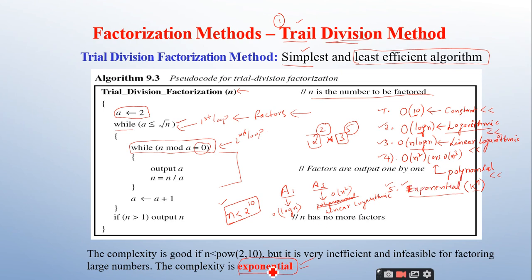Now tell me, this particular algorithm is very good until you have a number that is less than 2 power 10. But the complexity is exponential. Can we accept this algorithm for factorization?